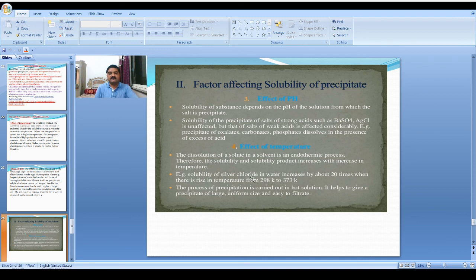The solubility of silver chloride in water increases by about 20 times when there is a rise in temperature from 298 Kelvin to 373 Kelvin. Generally, remember the precipitation is carried out in hot solution, that means it gives better results in hot solution. It helps to give the precipitate of large, uniform size and easy to filter.